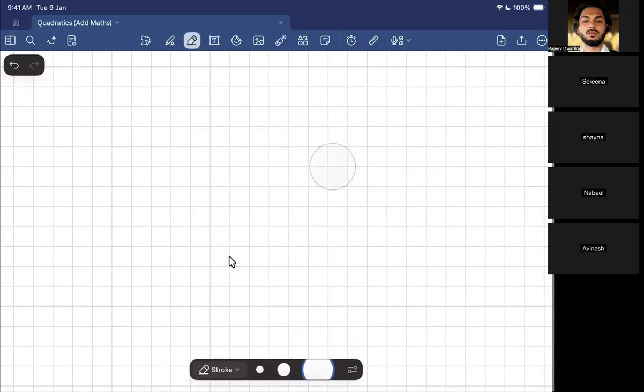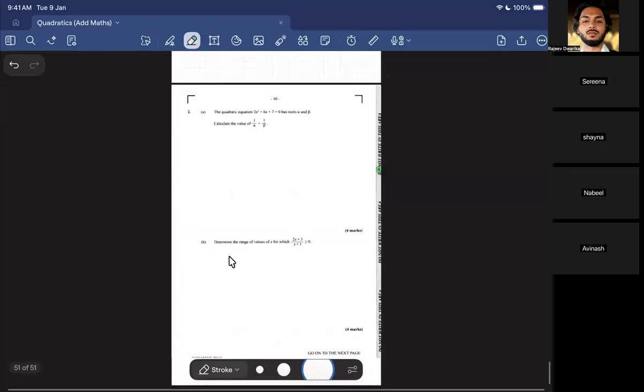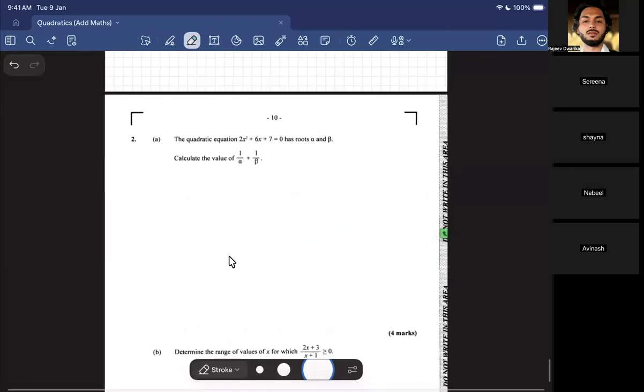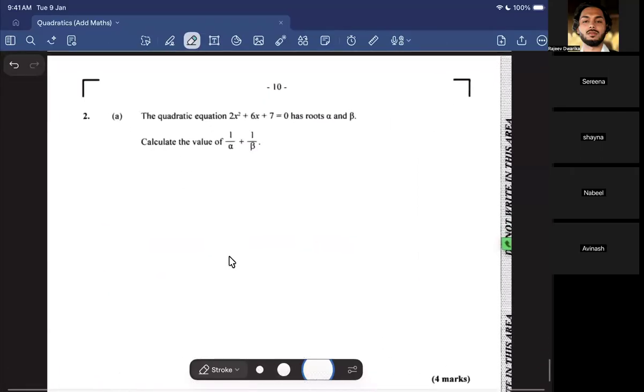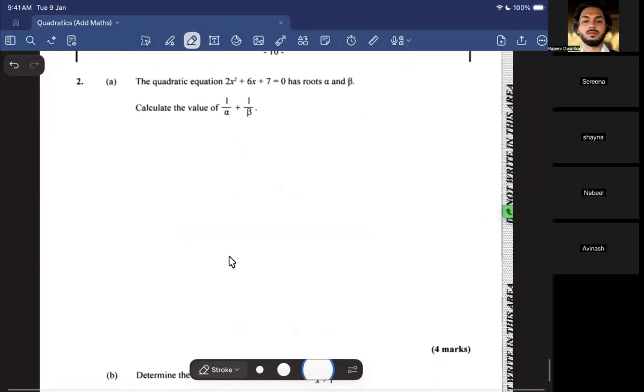Let me see if I can give you all an easy question. I don't know if you guys would be able to figure this out, but give it a try. My advice is, in any question that you get, find the sum and find the product. So find alpha plus beta and find alpha beta.